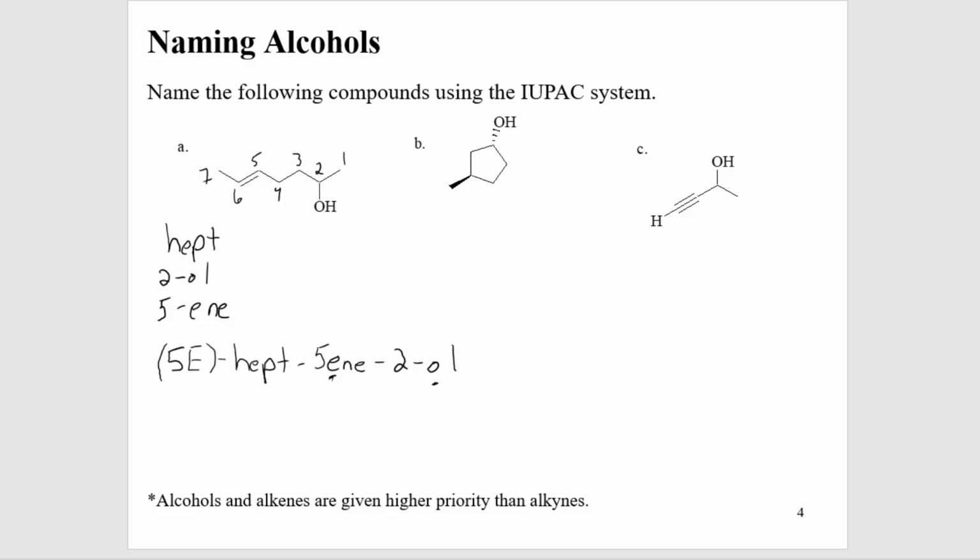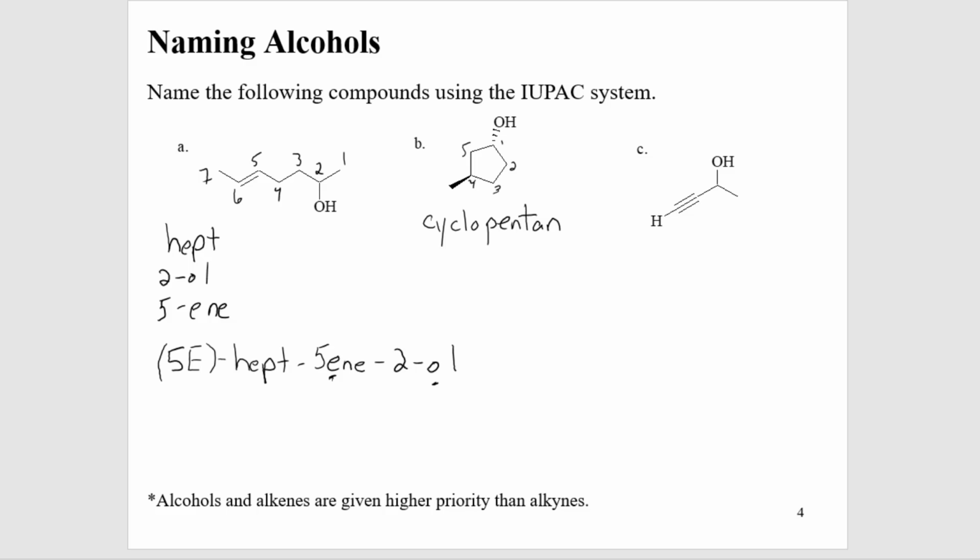How about the next one? Well, let's start numbering around the ring, which is our parent chain, at the alcohol. 1, 2, 3, 4, 5. So this is a cyclopent, and it's all alkanes, so pentan, and there's an alcohol, and it's at 1, so I don't have to put the 1 in.